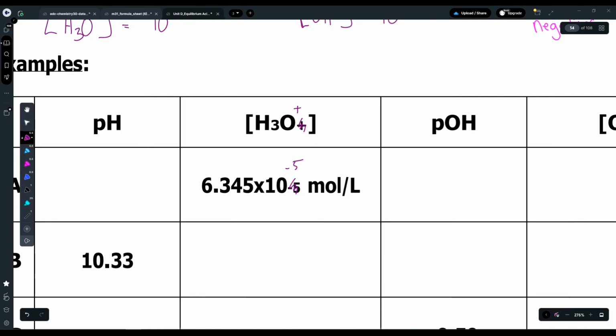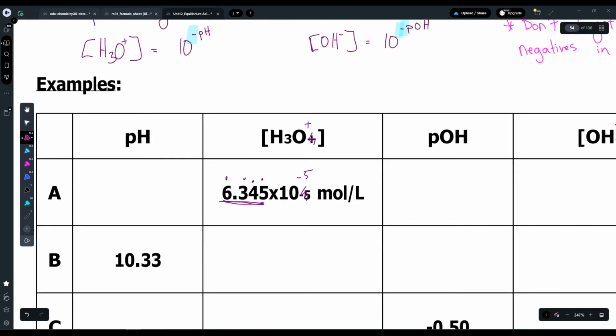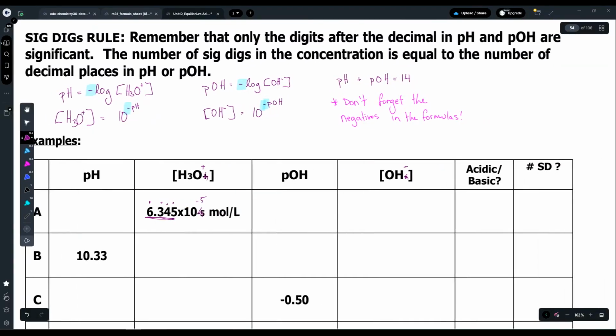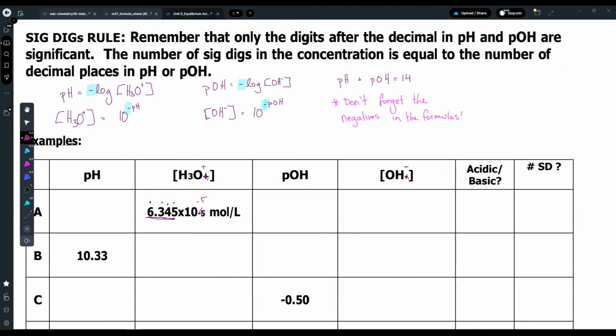So we got to look at the entire number to determine sigdigs. Okay, so this number has 4 significant digits. So I'm counting 1, 2, 3, 4. Okay, anything in the times 10 to the power of whatever exponent does not get counted for sigdigs. So I'm going to write 4 sigdigs here.